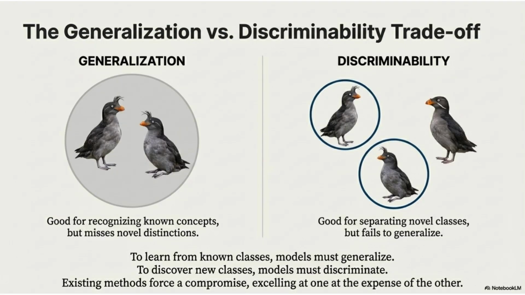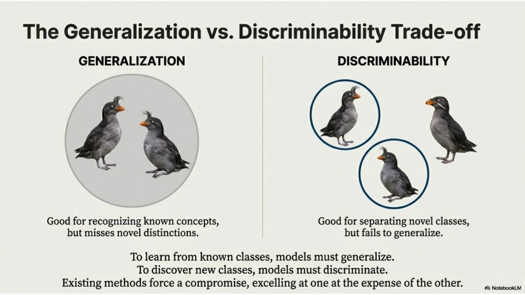This confusion leads to a fundamental technical trade-off. On one side, we have generalization. This is the ability to transfer knowledge. For instance, knowing that legs and wings are common bird features helps the model accept new bird species. However, if the model generalizes too much, it misses the novel distinctions.